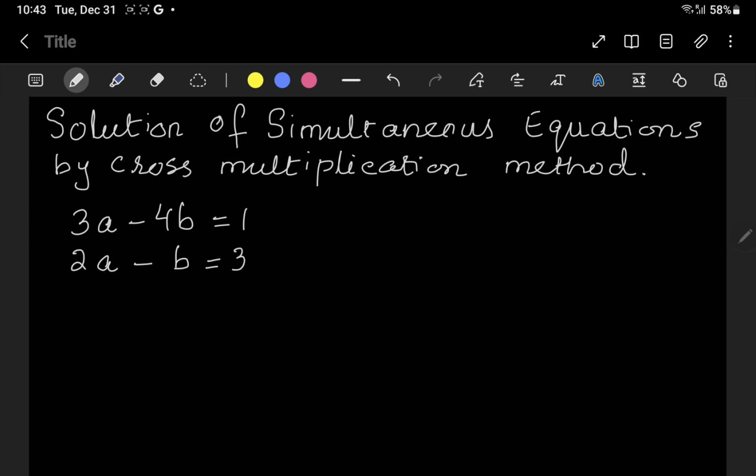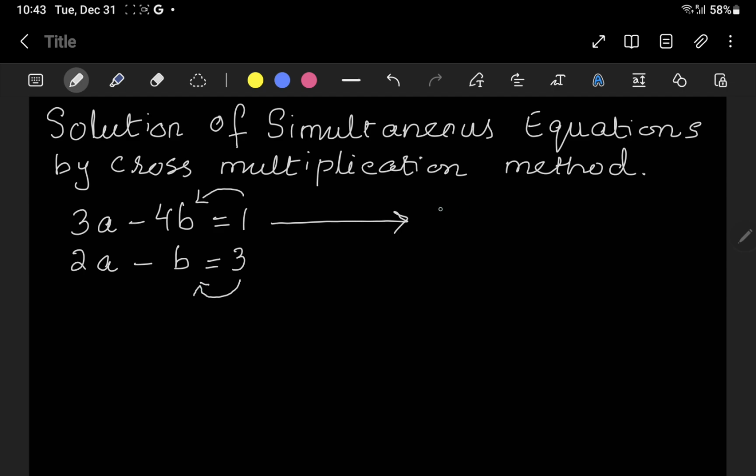Now we need these two equations in the form of zero equality. We move the constant 1 towards the left side, and the constant 3 also towards the left side.